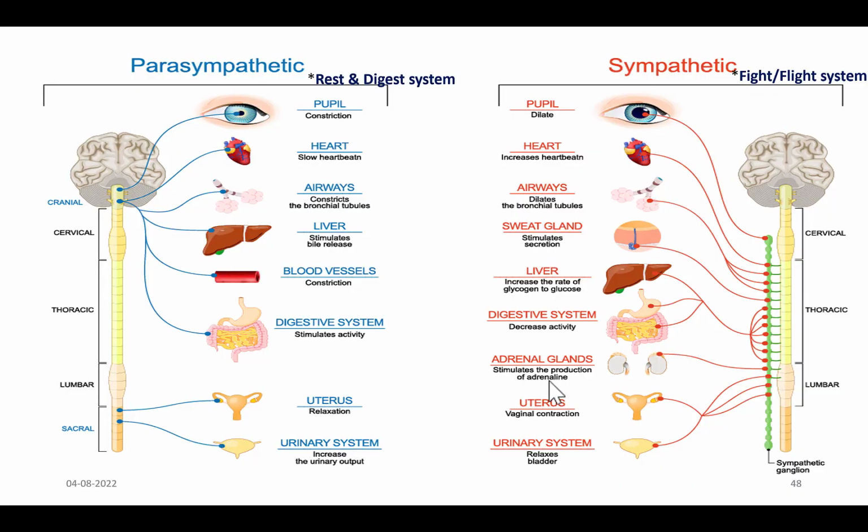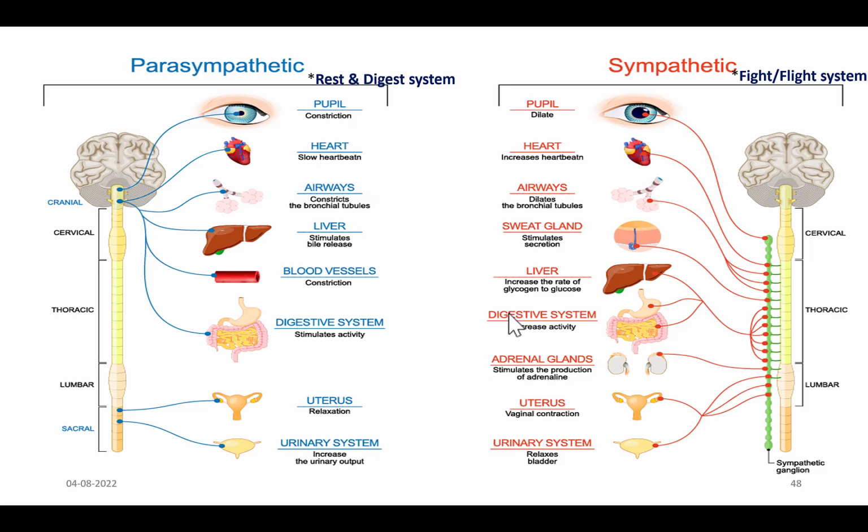Next, it is adrenal glands. So these are the adrenal glands over the kidneys. They produce a hormone called adrenaline. You know that adrenaline is called the fight or flight hormone. You have studied this in 8th class. So they produce a hormone which helps in fight or flight situation and that is adrenaline.